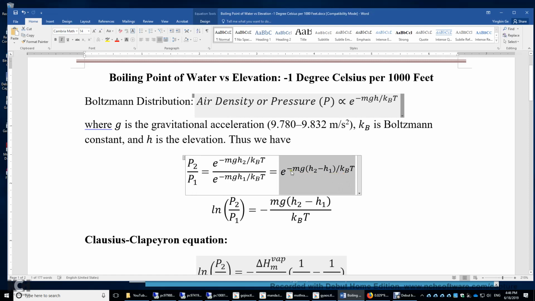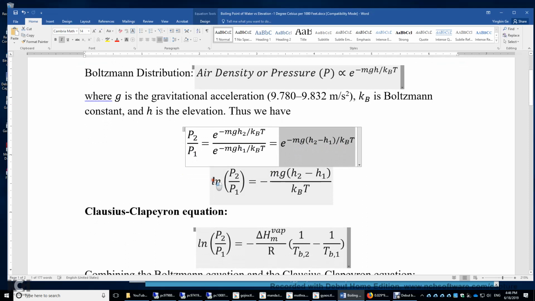And then we take the natural logarithm of both sides. And then we have the natural logarithm of the ratio of pressures to be -mg, the difference between the elevations, divided by kBT.